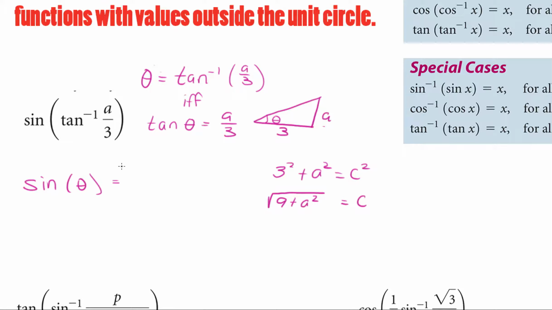Sine of theta is opposite over hypotenuse, so it's going to be a over the square root of 9 plus a squared. Notice it doesn't matter what a is as long as it fits in the domain of sine and the range of tangent inverse. So that will be the answer for the first one.